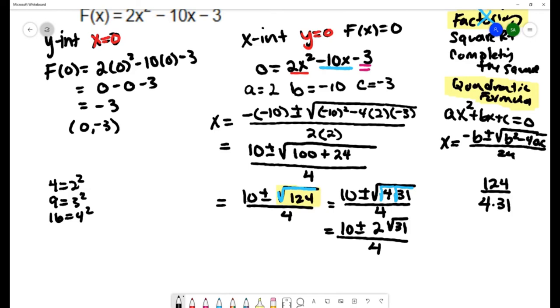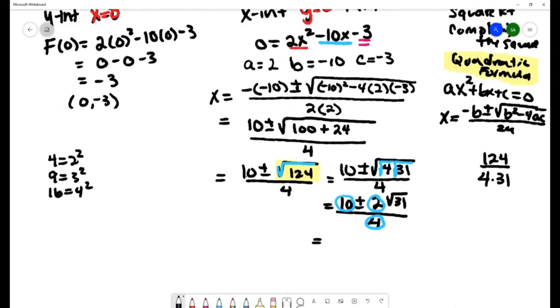The final thing that we're going to do to simplify is, this is a fraction. We always want to write our fractions in lowest terms. So we're going to look for common factors, and I notice that all of these numbers are even. So that's a factor that we're going to be able to cancel out, a factor of 2.